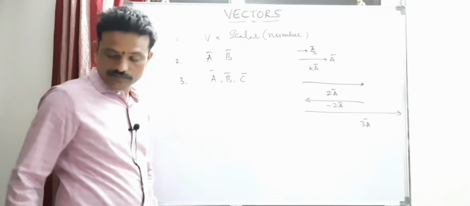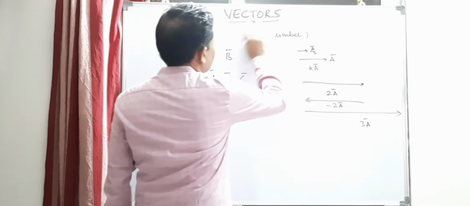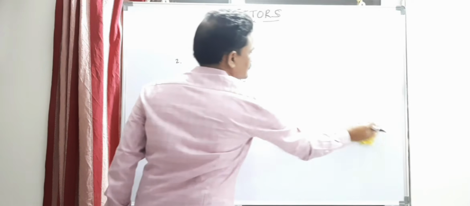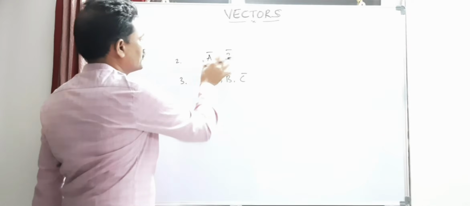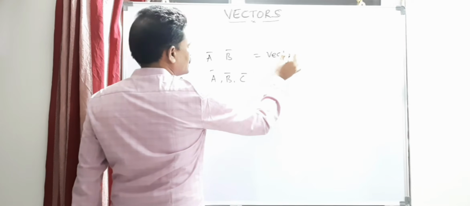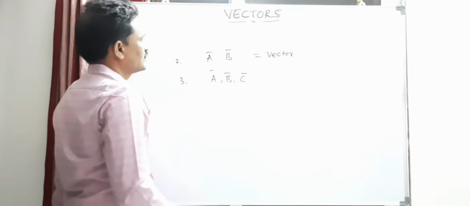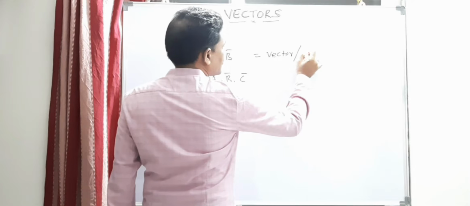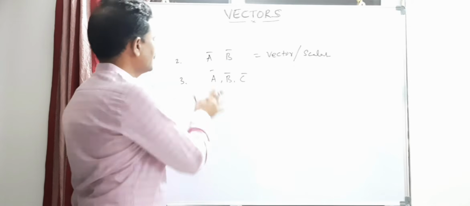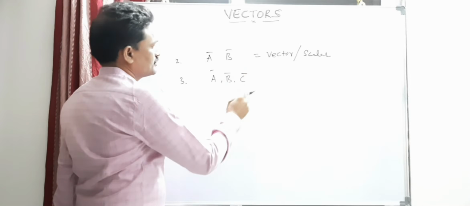Now what about the second one? Second one and third one are named depending upon the resultant what you get after the multiplication. I will repeat. I am taking two vectors and I multiply. If the result is a vector, then that is called vector product of two vectors. The result can be a scalar, then that is called a scalar product. In the same way, in triple product also, there can be two answers.